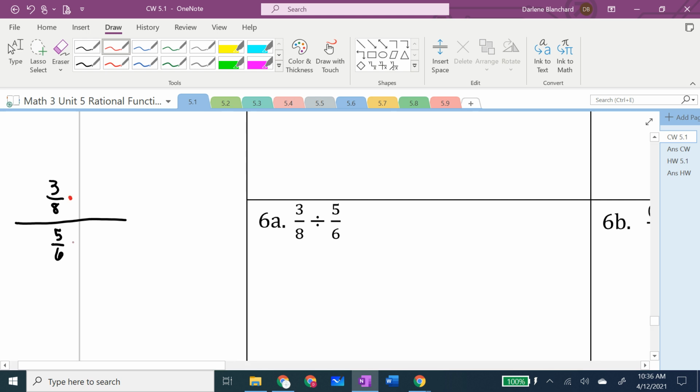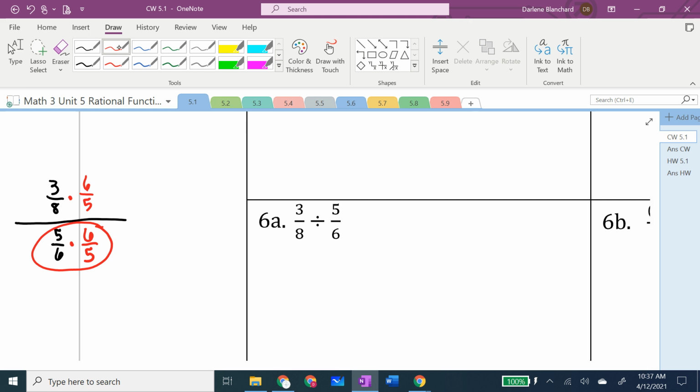I've got a top fraction and a bottom fraction. If I multiply both by the same thing, I'm not changing that. If I multiply both by 6/5, do you see that down here, that just turns into 1?